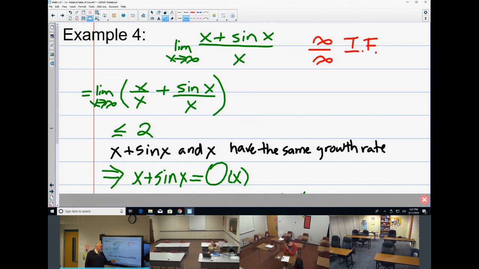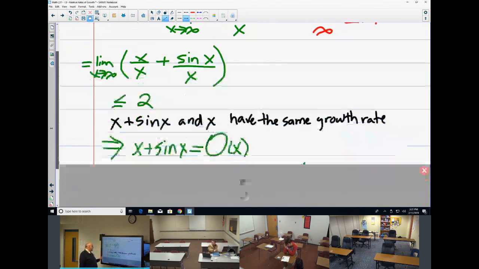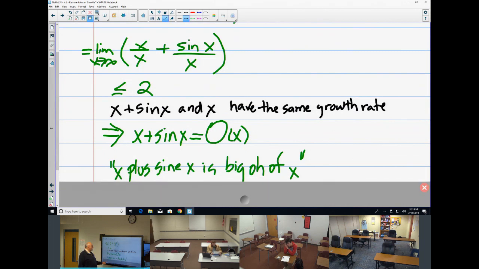Or you could even reverse it. But x plus sine x is big O of x. It means that they have the same growth rate, or x plus sine x is faster. Okay? All right, so try that last practice problem.